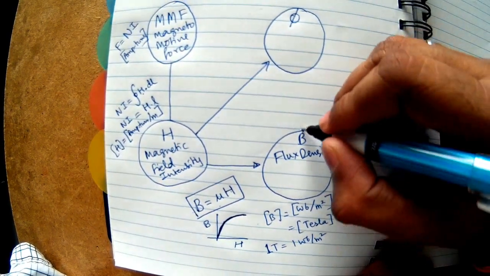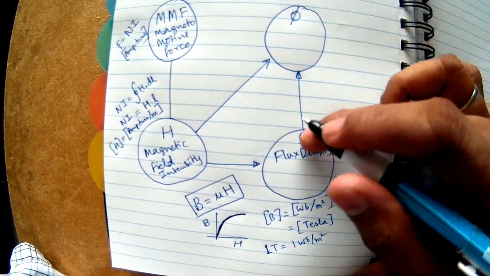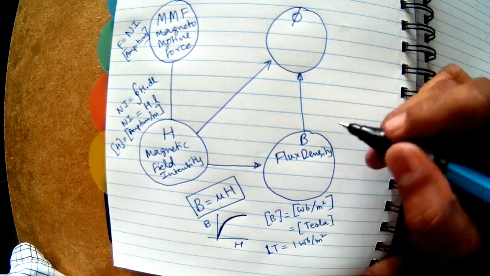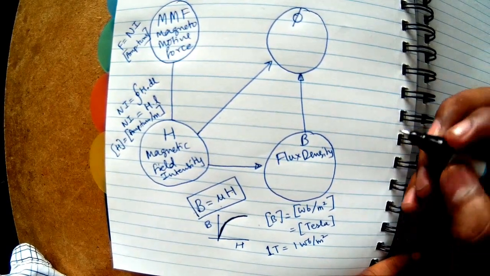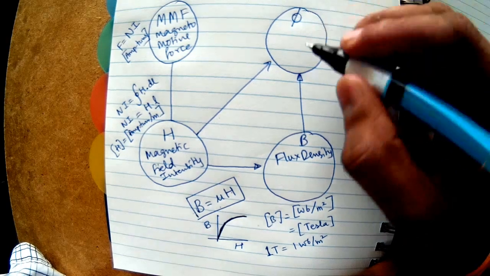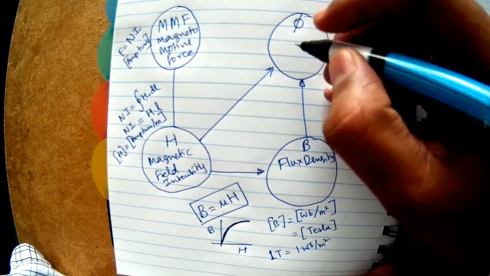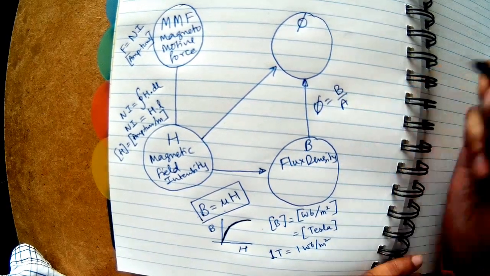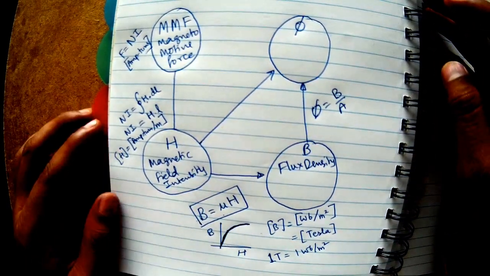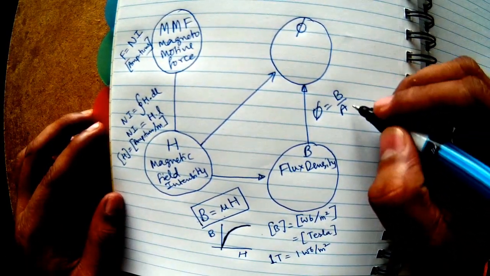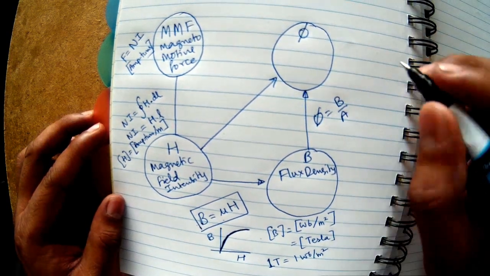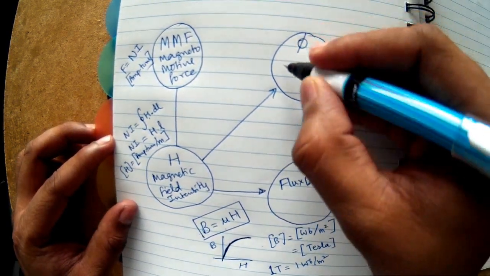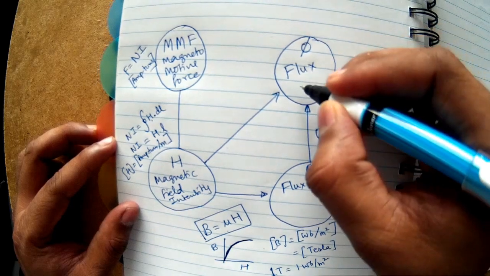And this relation I have already told you, wherever there is a flux density, if I simply multiply by area, I get the flux. So flux equals B into A, where A is the area of cross section. And what is the unit of flux? Unit of flux is nothing but Webers.